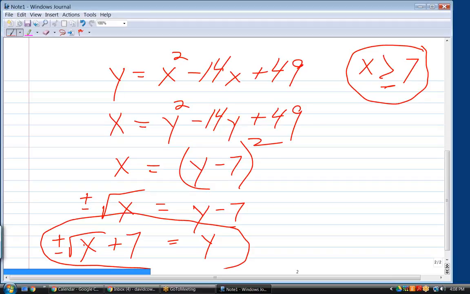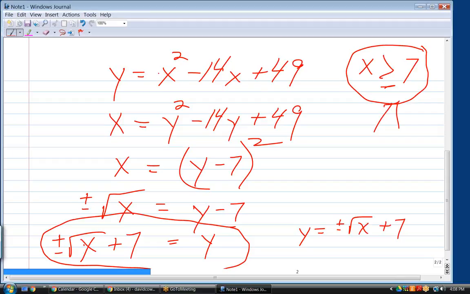No. In other words, I don't see what prevents us from saying the answer is y equals plus or minus square root of x plus 7. Despite that domain, all that tells us is that x is greater than 7, it can still be the plus or the minus.